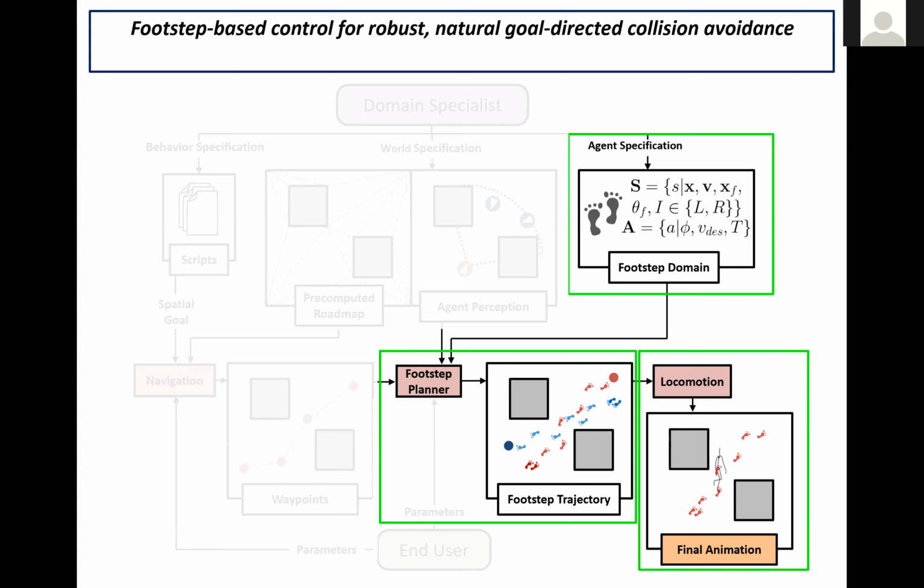This footstep-based interface naturally provides a much tighter coupling with the locomotion layer, where it is much more intuitive to overlay a humanoid to follow a sequence of footsteps as opposed to following a center of mass trajectory.